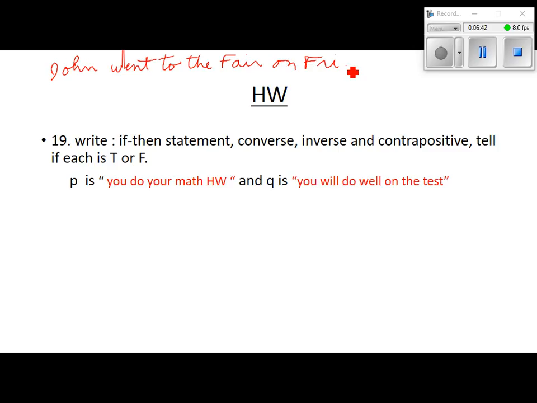Let's think of something geometrical here. Angle 1 and angle 2 are vertical angles.